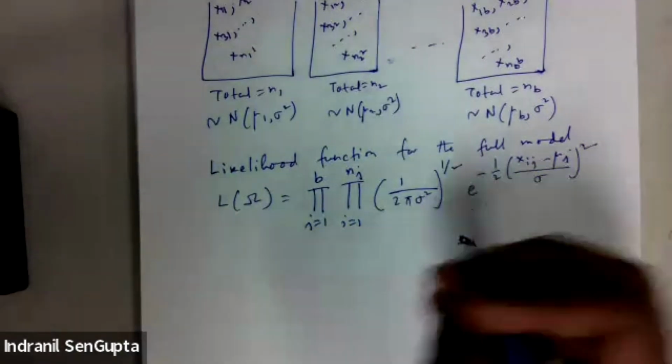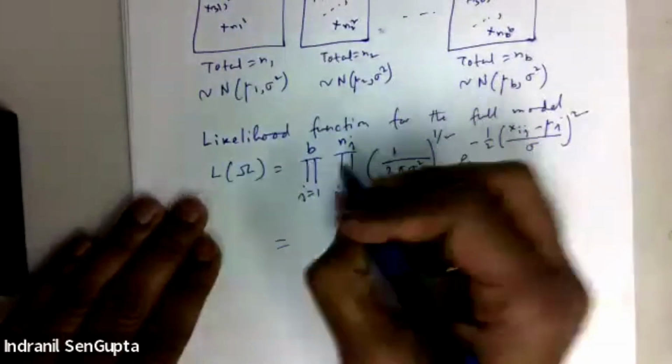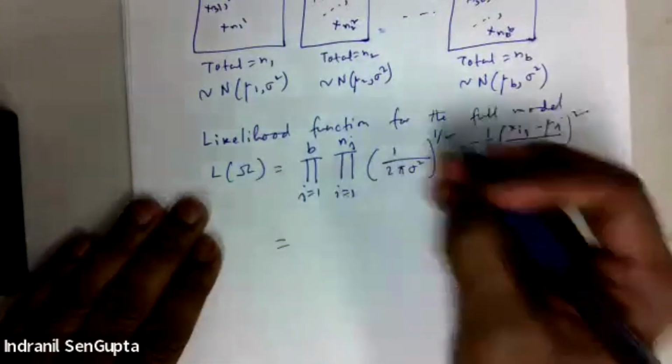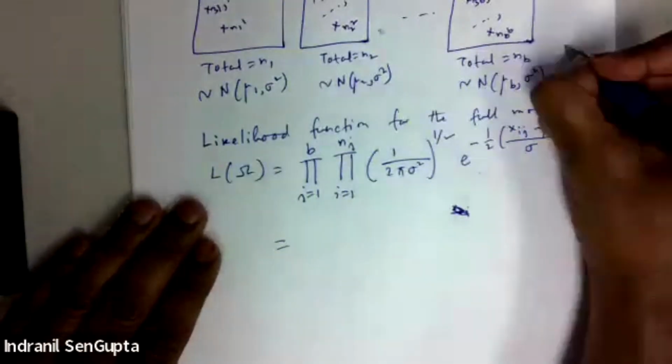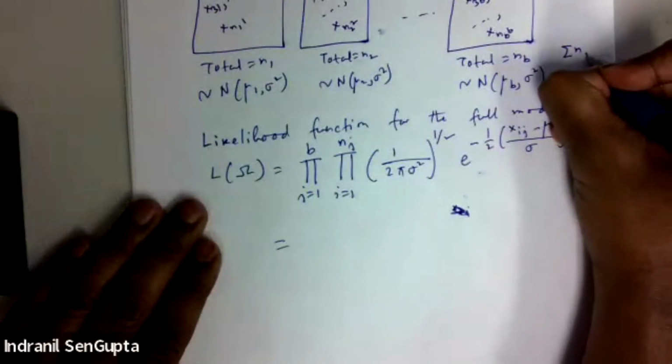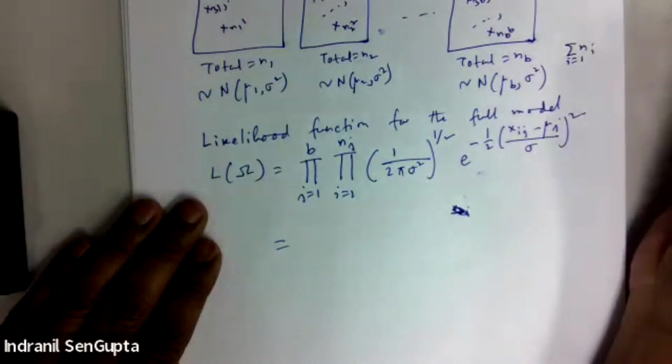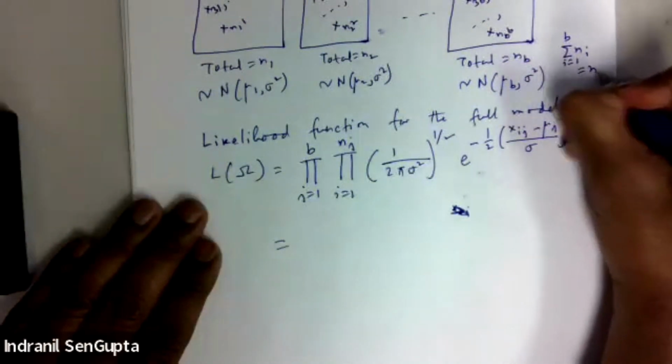If I simplify this, the total number of terms is n. The grand total is n, remember that the sum of n sub j from 1 to b is n.